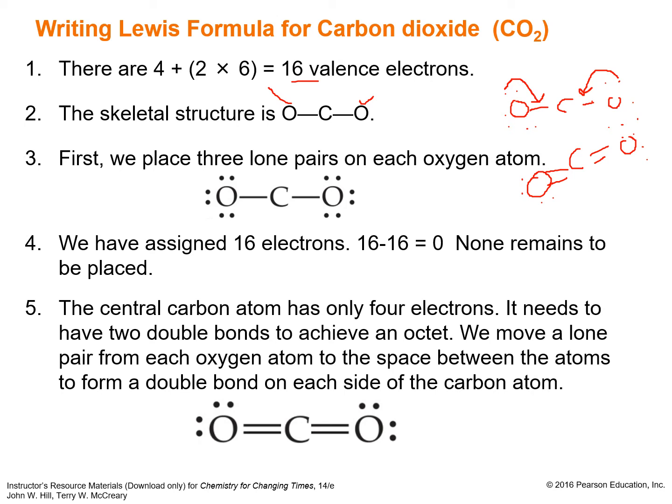So as long as they have the octets, it does not matter if you are showing it here or here. So 1, 2, 3, 4, 5, 6, 7, 8. 1, 2, 3, 4, 5, 6, 7, 8. So now the carbon has an octet, this oxygen has an octet, and this oxygen has an octet. So it's a good structure.